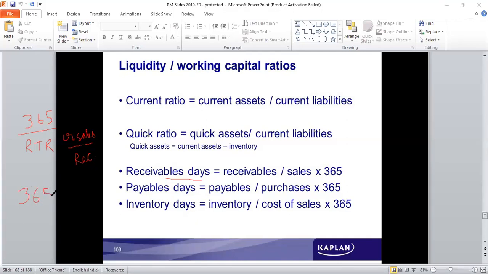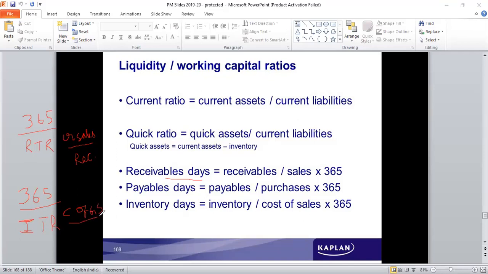But inventory turnover ratio is calculated as cost of goods sold divided by inventory.